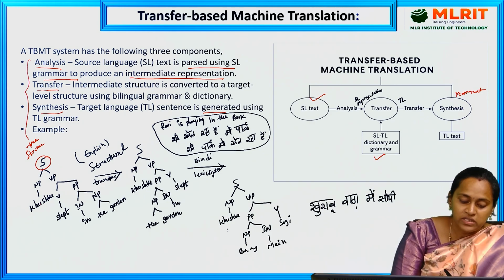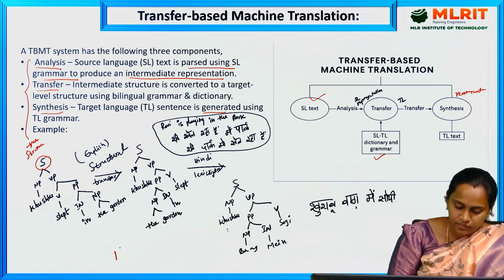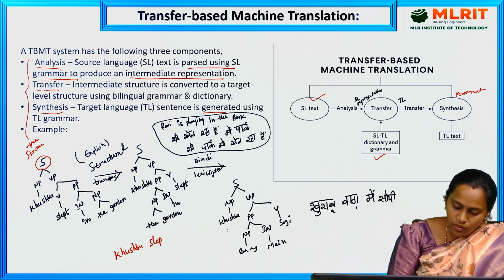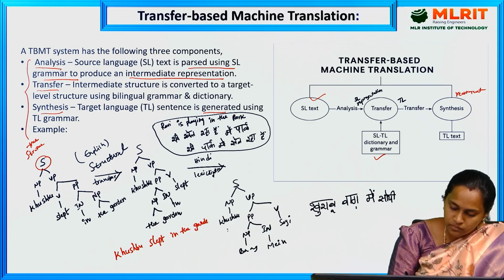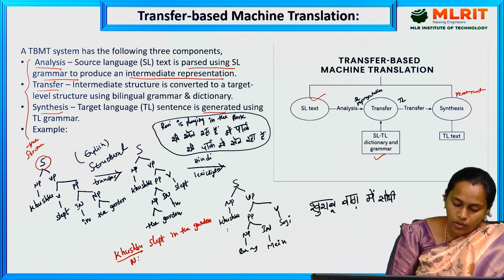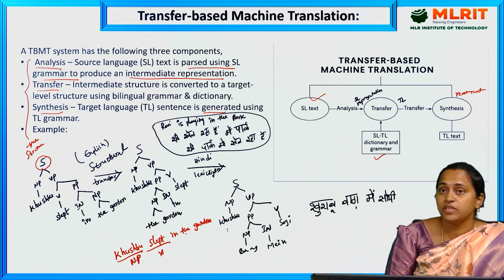So what is a noun phrase? Khushbu is a noun, so here Khushbu is the noun phrase. What is the verb? Slept is the verb. Inflections, we have learned these concepts, very important.